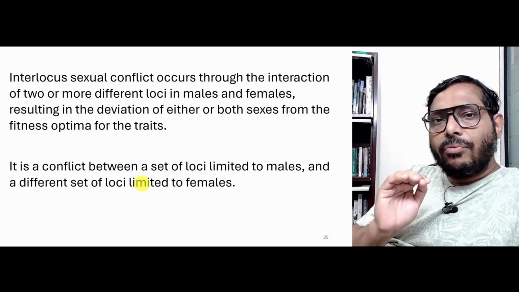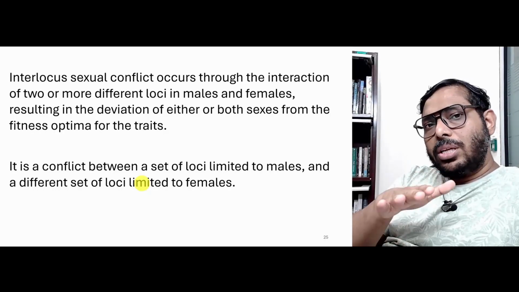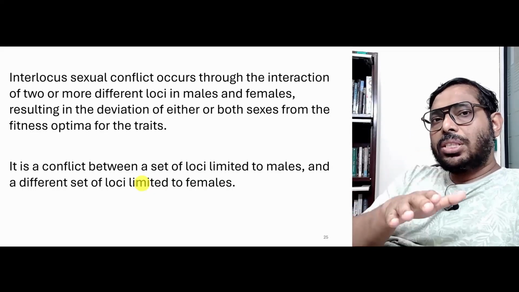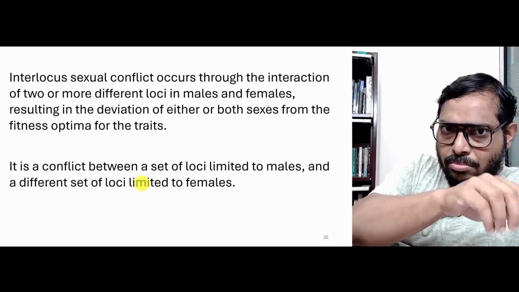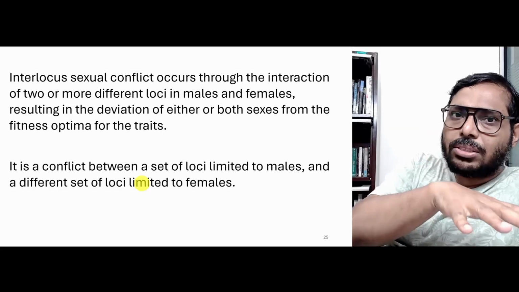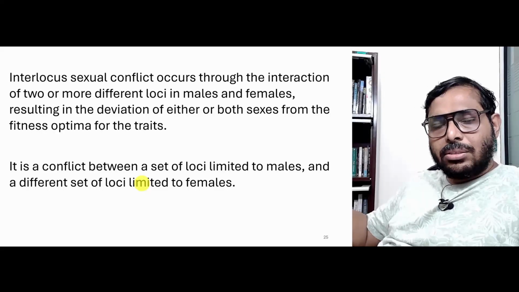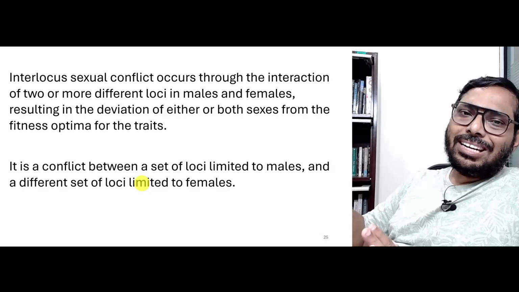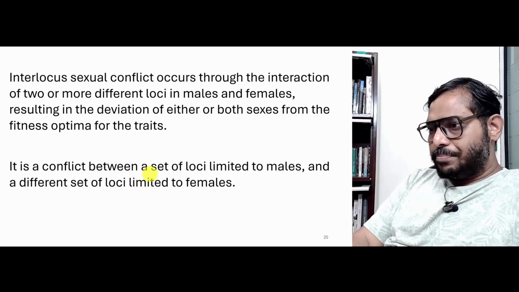In interlocus conflicts, the conflict is between some genetically modulated traits which are localized in males due to loci which are only expressed or present in the males, and another set of traits related to loci which are only there in the females. Okay. So, basically genetic traits which are expressed either in the males or in the females.